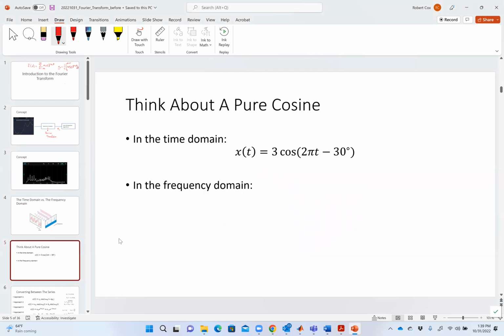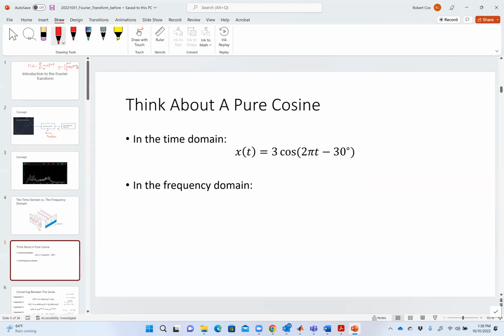Now to understand this, let's think about a pure cosine waveform. In the time domain, I have something that looks like this. In this example, x of t is 3 cosine(2 pi t minus 30 degrees).